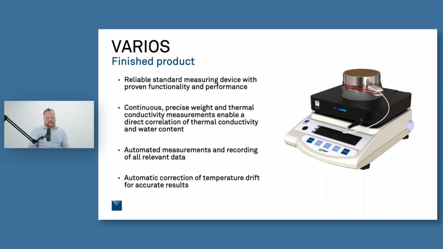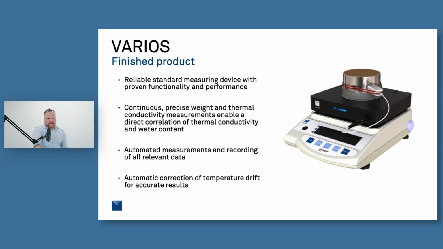We'd let it come back to thermal equilibrium, take another reading, and then repeat this 2, 3, 4 times to get some data points in there. This automatically does it for you, and it does that with a much wider range of data points than just the 2, 3, or 4 that you can get with the other methods where you're doing it manually.